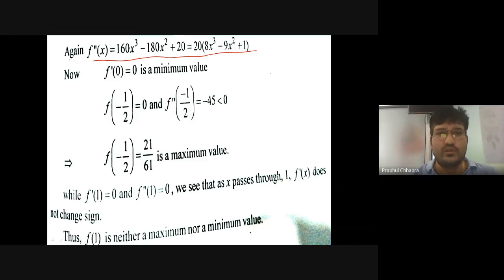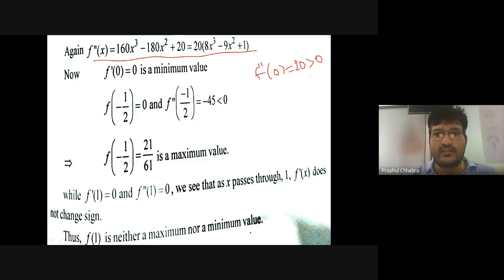So we obtain f double dash 0 is equal to, put 0 in this, what do you get? 20. We will obtain 20, and 20 is no doubt greater than 0.